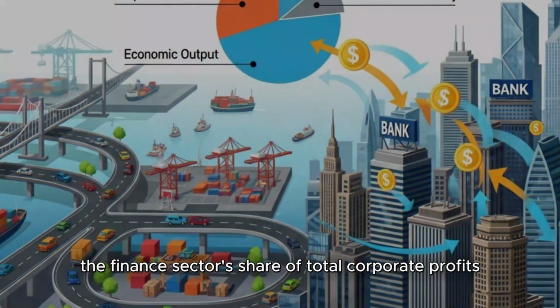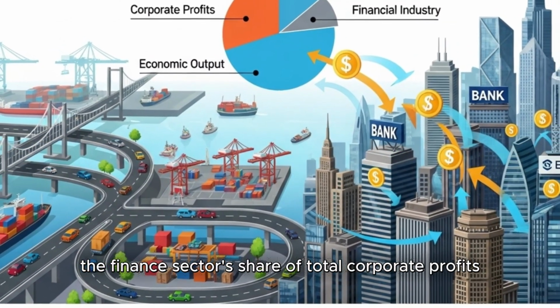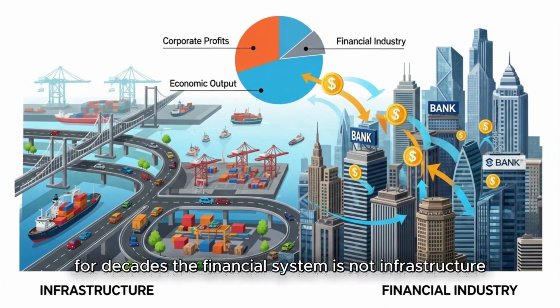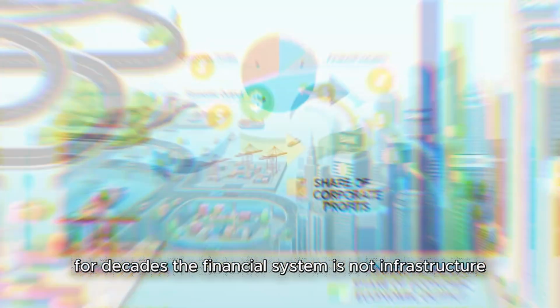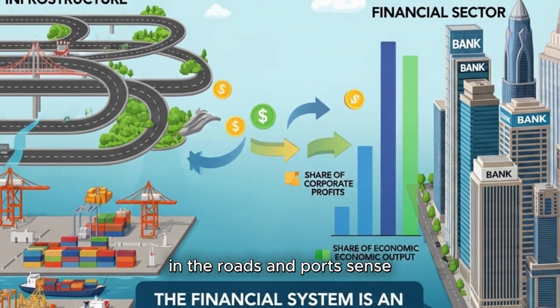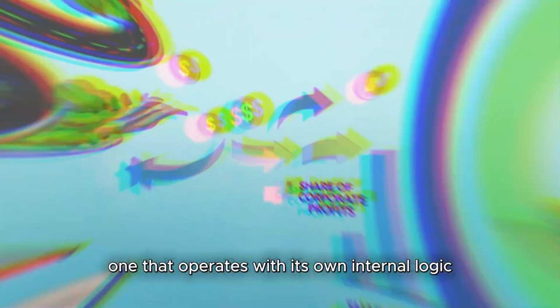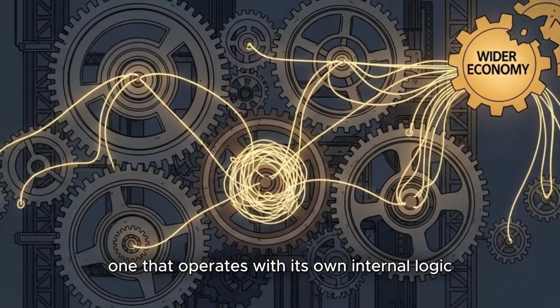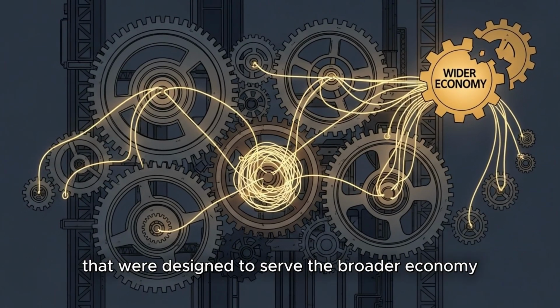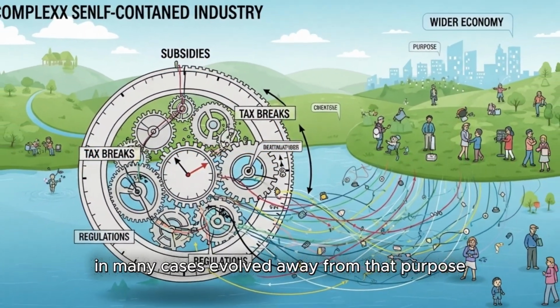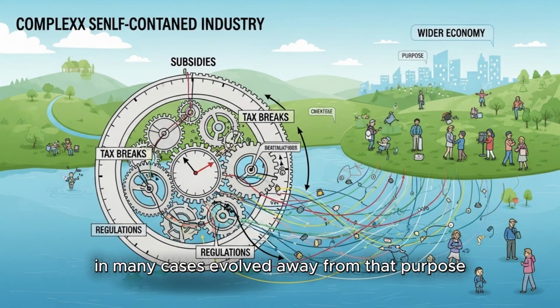The finance sector's share of total corporate profits has been significantly above its share of economic output for decades. The financial system is not infrastructure in the roads and ports sense. It is an industry, one that operates with its own internal logic, driven by incentives that were designed to serve the broader economy, but that have, in many cases, evolved away from that purpose.